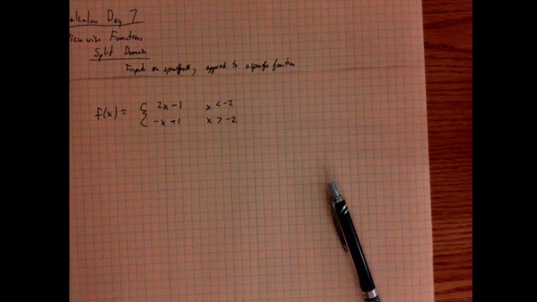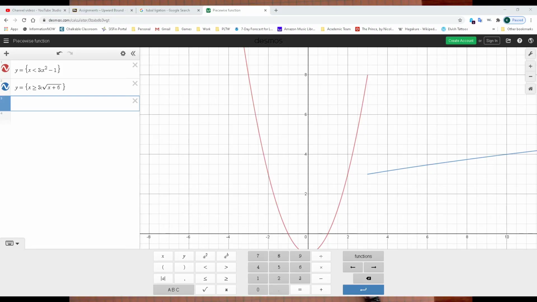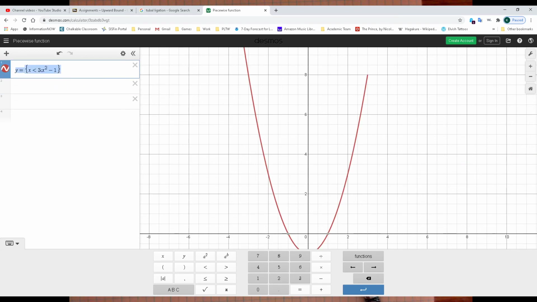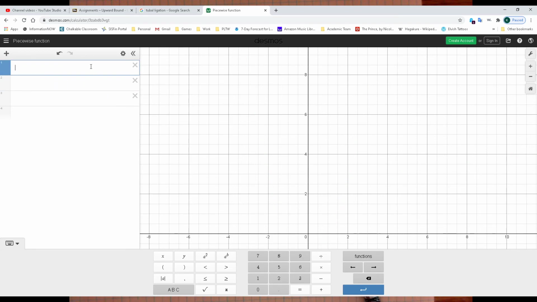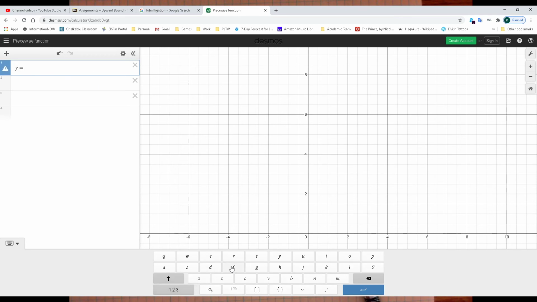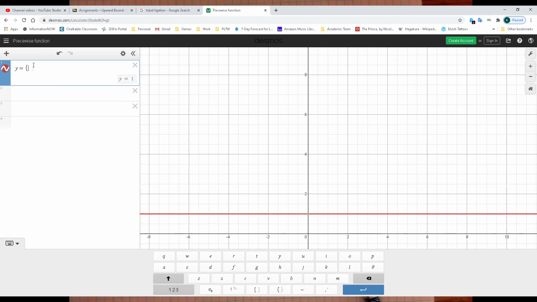So if you're using Desmos, let's go ahead and pull it up. I already have these typed in, so I'm going to not cheat here. Let's do it. We would do y equals, go to the ABC menu, we open a bracket. It doesn't necessarily matter which order you put it in. I like putting the function in first, but you can actually do the boundaries first.